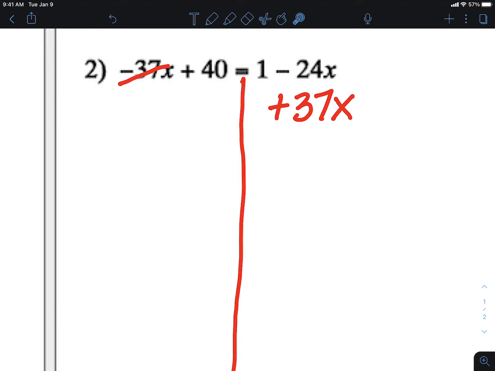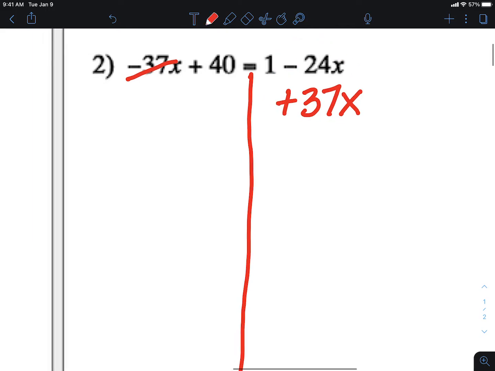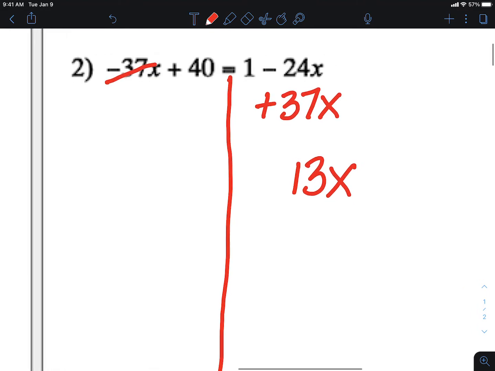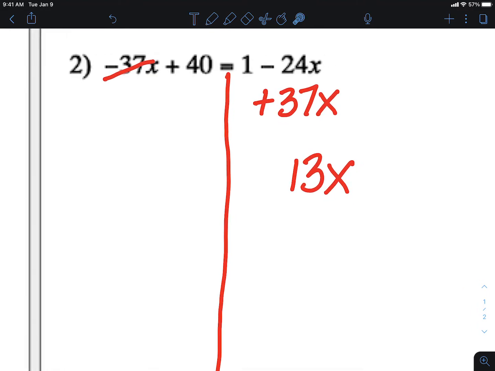So I see here that negative 24x and positive 37x are not the same sign. So when they are not the same sign, I know I have to subtract. So 37 take away 24 is 13. 13x, right?